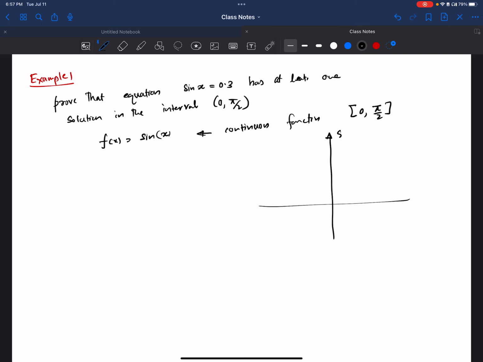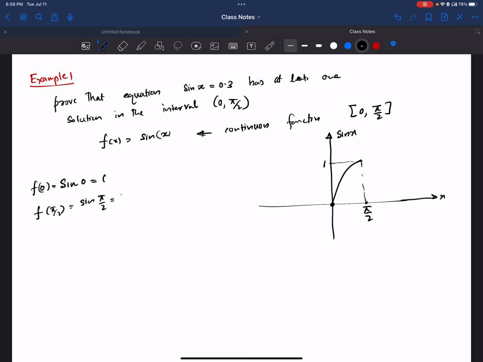So if you draw sine x, this is x, this is 0, and that's pi over 2. It is something like this. It is a continuous function. This is positive 1. And what is f of 0? Sine 0 is equal to, oh, this is 0, my bad.